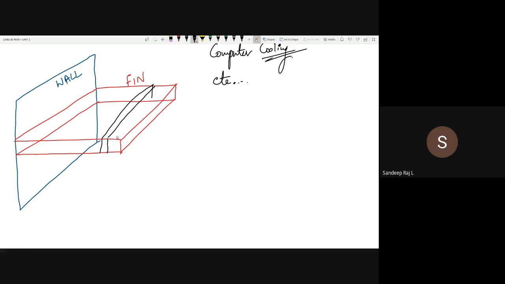Simply put, it is there throughout. And the small element, I'm drawing an exaggerated view of it here. Taking this element, I will understand how the heat transfer is happening in my domain.